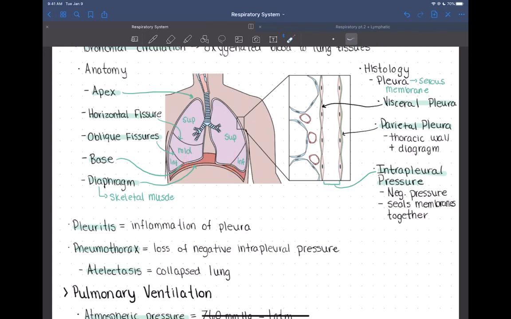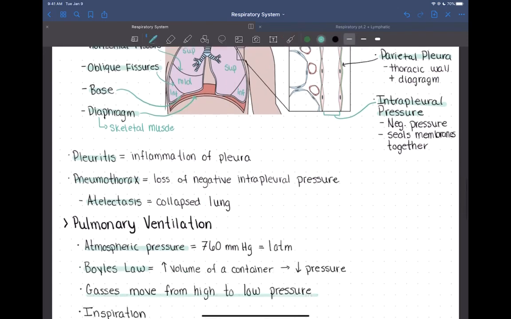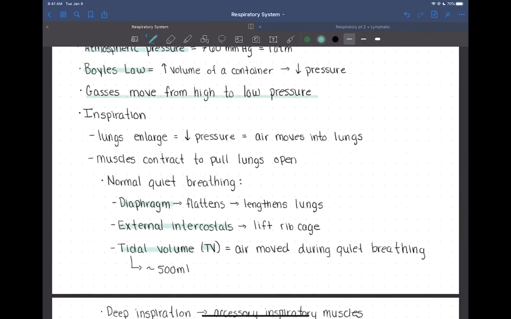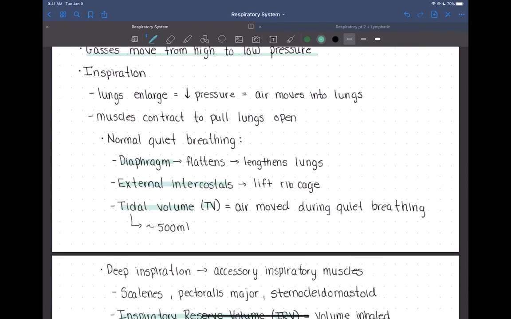Then the external intercostals are going to lift the rib cage up and expand it a little bit, and that will expand and lift the lungs as well and make them larger.